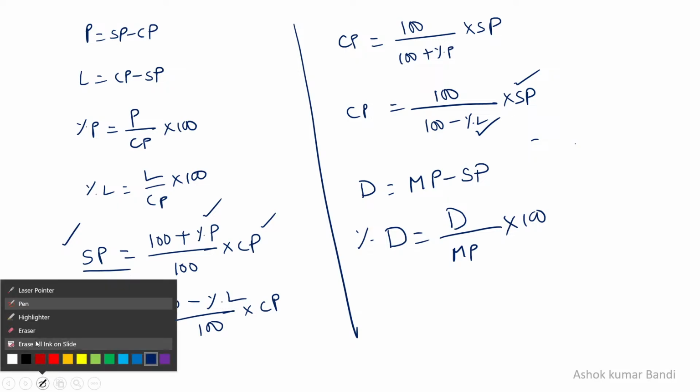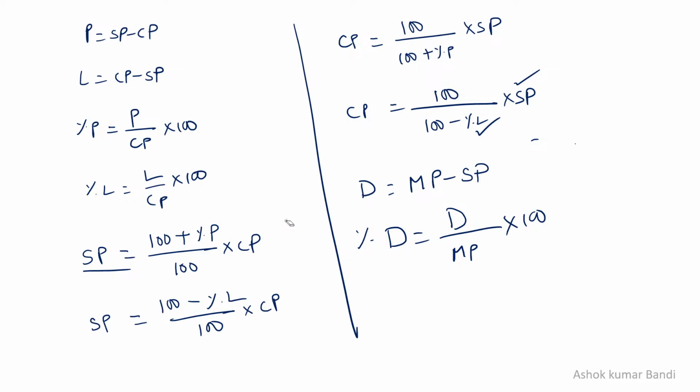So look at the formulas for a minute. We'll move on to the problems and we'll solve them one by one. These are the formulas we generally use in profit and loss.